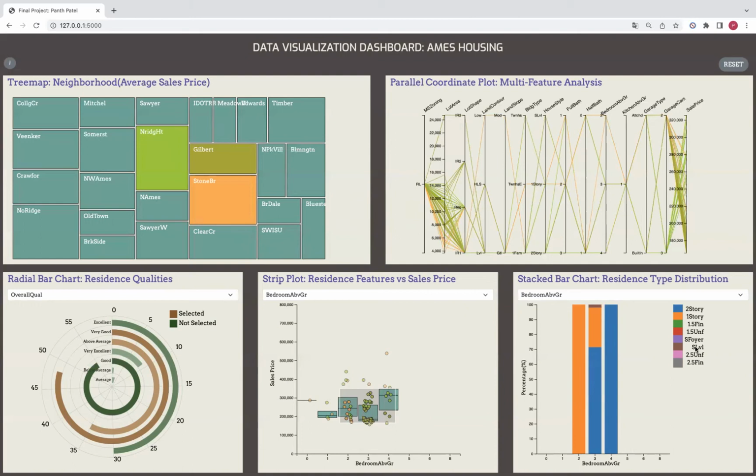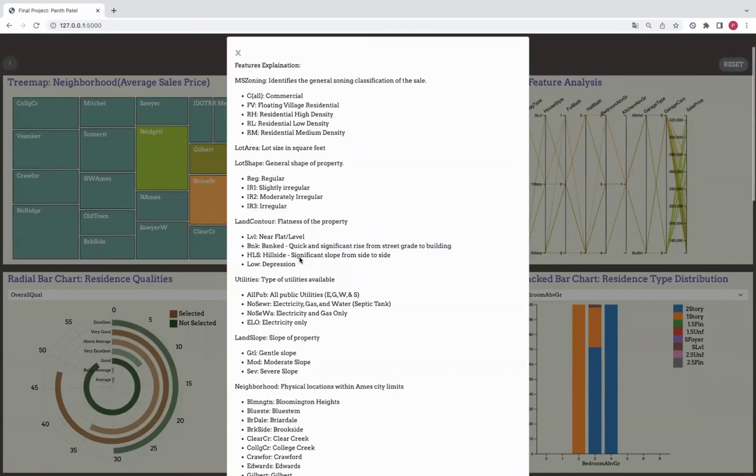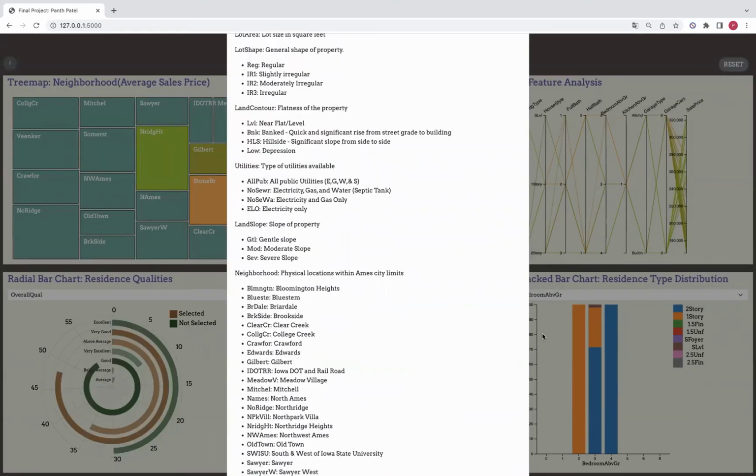These house types are 2-story house, 1-story house, 1.5 story where the second story is finished, second story unfinished, and each home type is given a color. If the user is not clear about what these names are, the user can always go back to the info page and check the details about it.